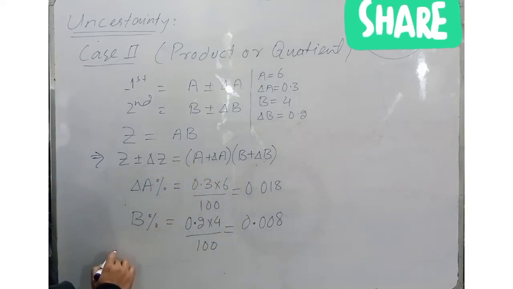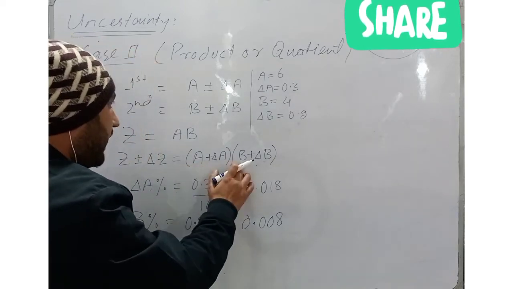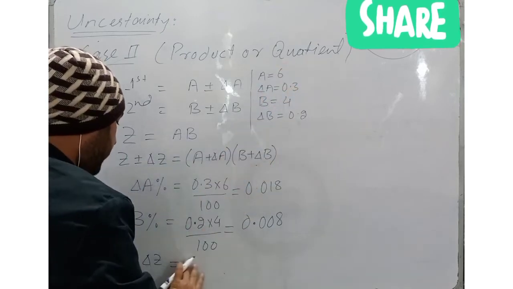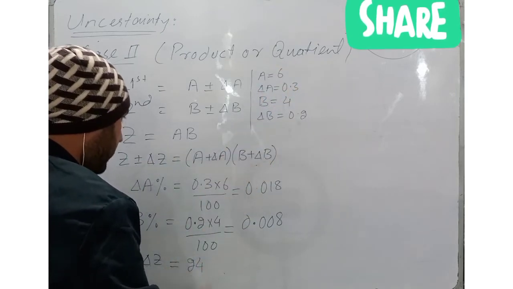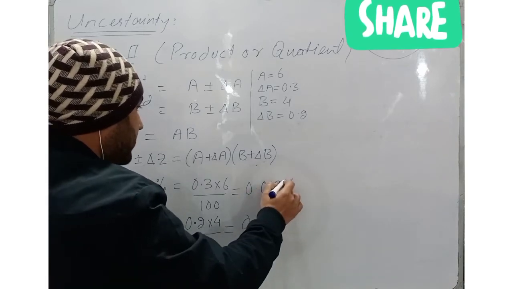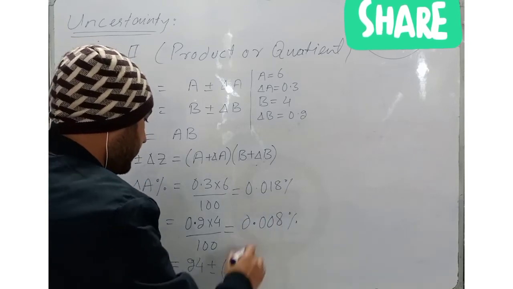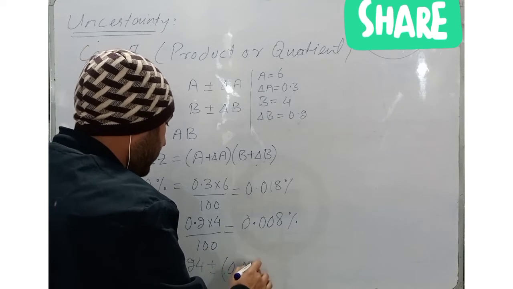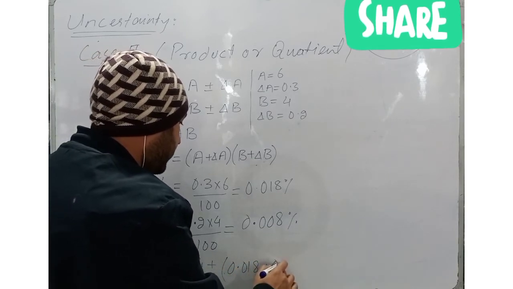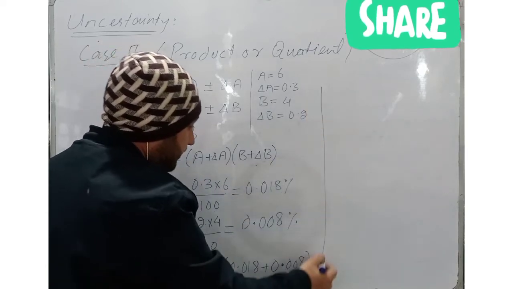Right, so Z plus minus delta Z. In order to find Z, you have to simply multiply A and B. So A multiplied by B, 6 multiplied by 4 gives us 24. Now the uncertainties in this case are the percentage uncertainties, and we have to add these percentage uncertainties, right? So 0.018, we have to add that with 0.008.